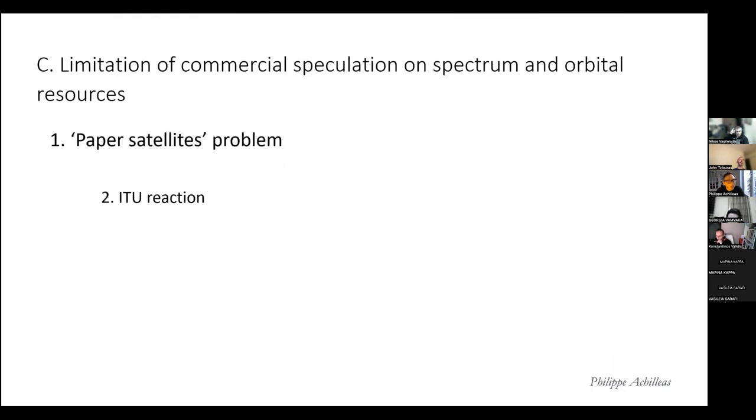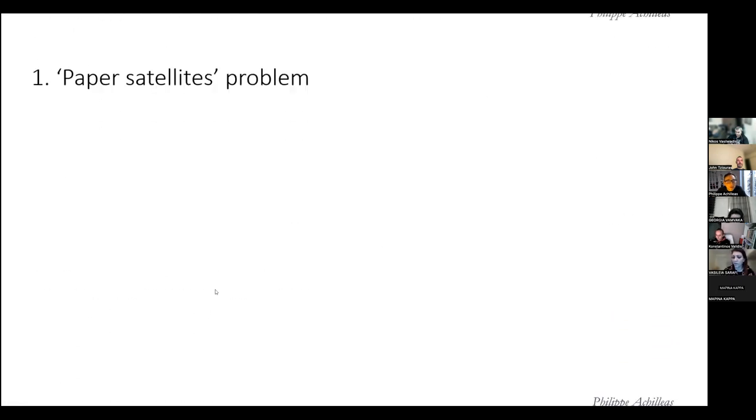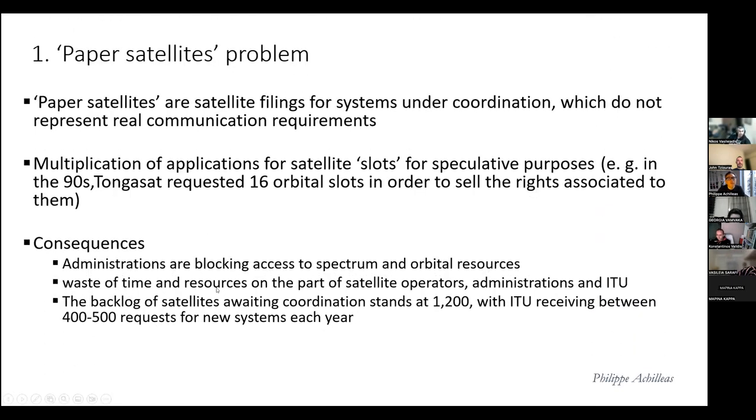So I will finish with the limitation of commercial speculation on spectrum and orbit resources with a question called paper satellite. What is a paper satellite? A paper satellite is a satellite filing for systems under coordination which do not represent real communication requirements. That is to say that some states will go through the procedure at ITU.